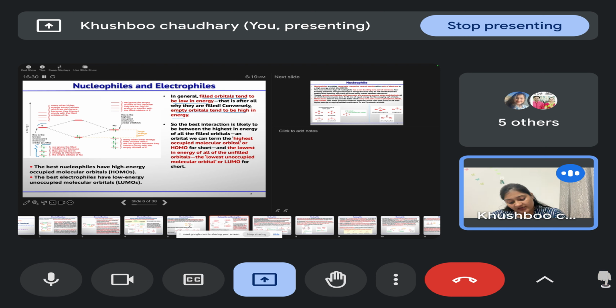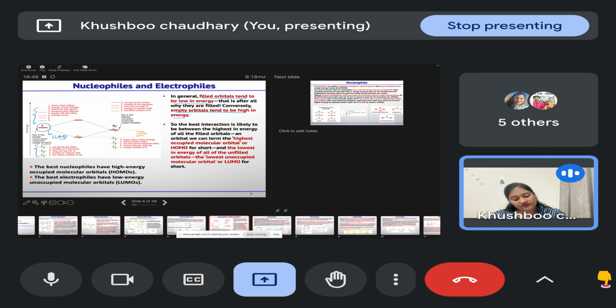So the electrophile must have a LUMO that is lowest in energy. It has other orbitals that are empty also, but we are concerned with the orbital that has the lowest energy and is unoccupied.